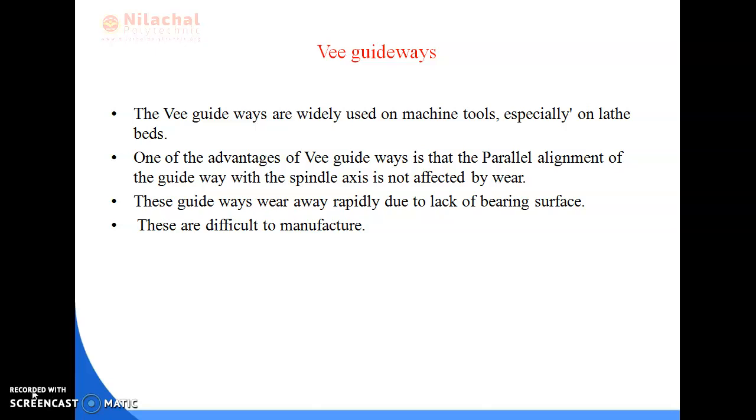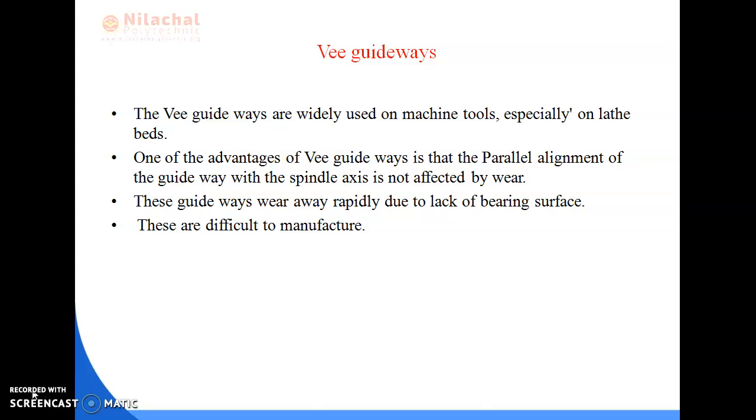First type of friction guideways, that is V guideways. The V guideways are widely used in machine tools, especially on lathe beds. We have already seen in the lathe bed the V type of guideways. Generally the shape of the guideway is like the letter V. One of the advantages of V guideways is that the parallel alignment of the guideway with the spindle axis is not affected by wear.